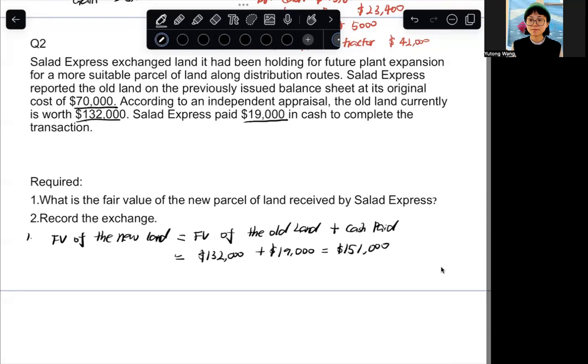Okay, that's the fair value of the new land received by the Salad Express.